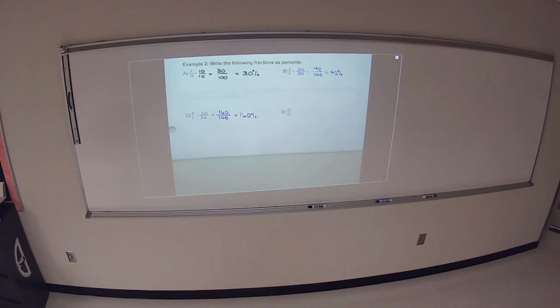So percents can be bigger than 100. They can be smaller than 1. They don't need to be probability questions, which are, if I'm doing the probability of something, then I am stuck between 0 and 100%. Nothing can ever have a better probability than 100%. Nothing can have a smaller probability than 0%. But if I'm just talking about percent problems in general, I can have numbers that are larger than 100.